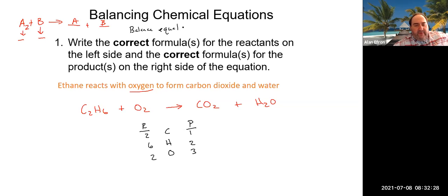When we have successfully completely balanced an equation, we should make sure that all of the coefficients are whole numbers and the simplest set of whole numbers.